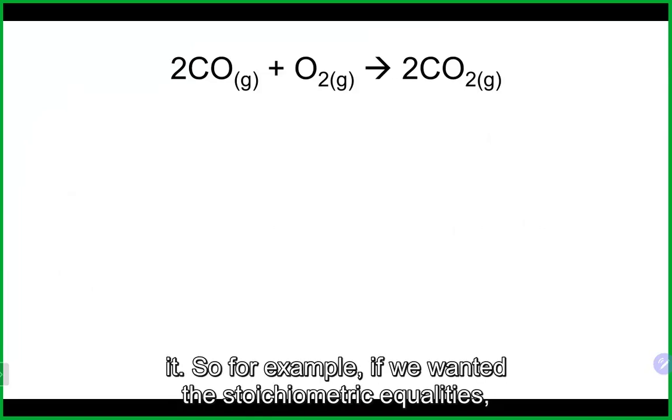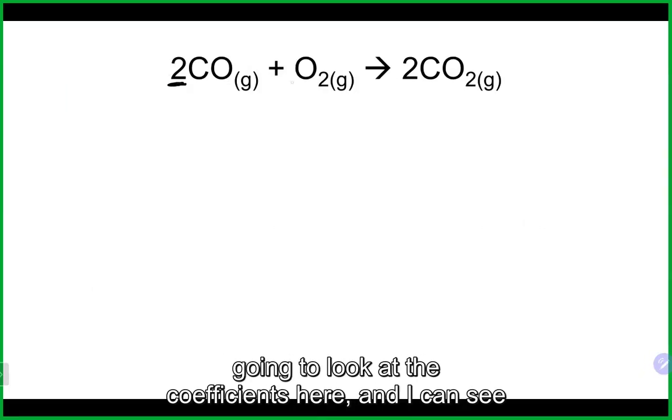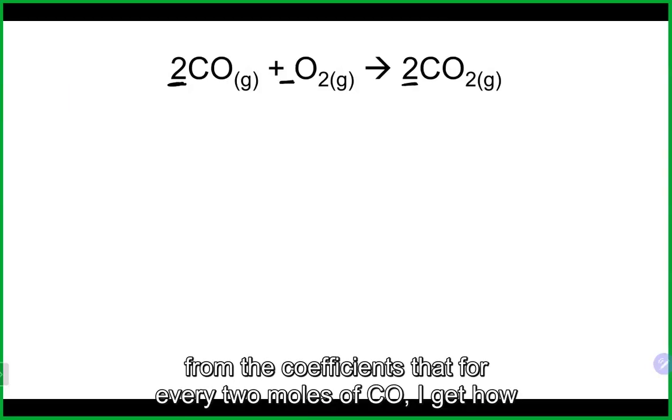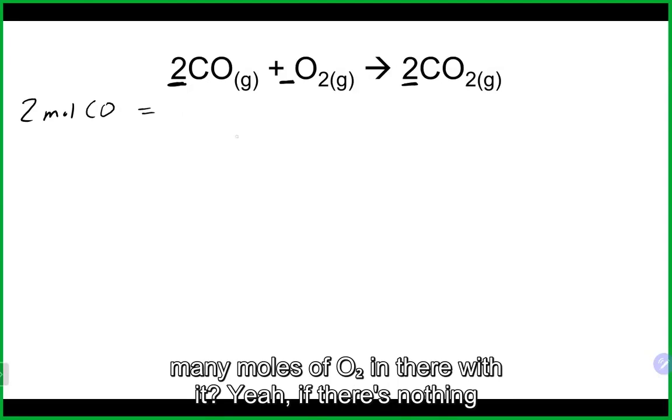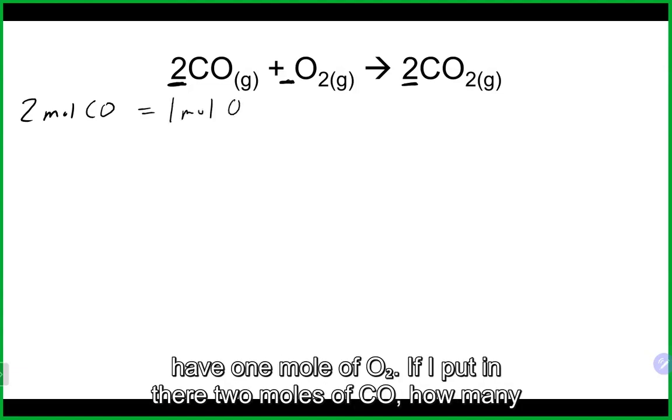For example, if we wanted the stoichiometric equalities, which is a fancy way of saying our conversion factors, we're going to look at the coefficients here. I can see from the coefficients that for every 2 moles of CO, I get how many moles of O2 in there with it? Yeah, if there's nothing written, it's implied to be 1 in chemistry, right? So we would have 1 mole of O2.